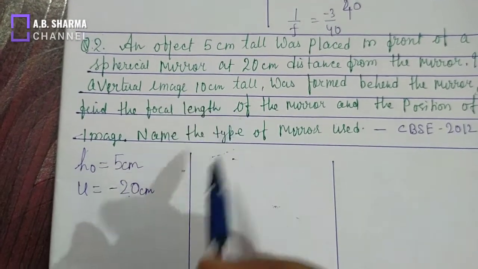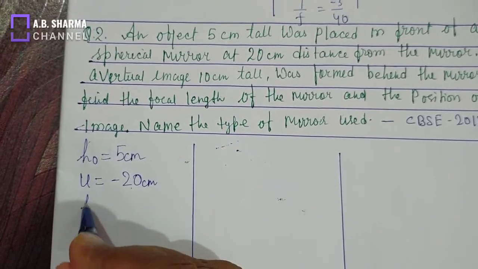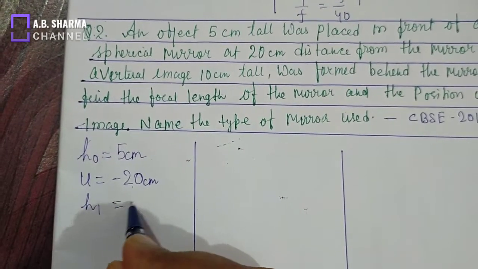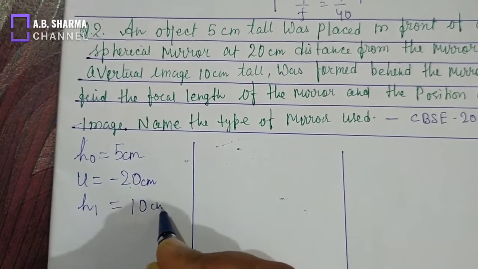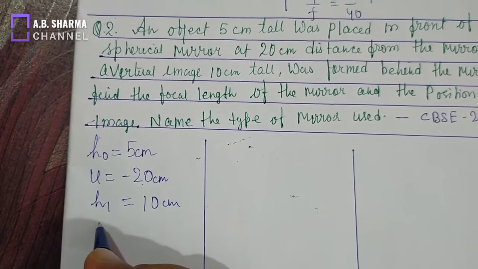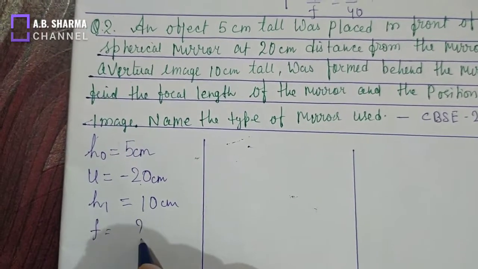Virtual image 10 centimeter tall means height of image is also given, which is 10 centimeter. We have to calculate focal length equals to what?